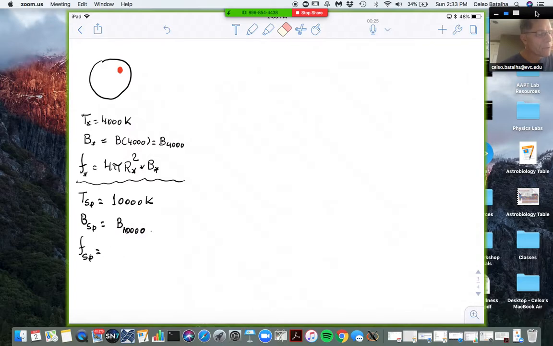The best way to do, and in fact people usually do that as a first approximation, just a rough approach, is to say, okay, this spot has a fraction of the area of the star. So the area of the spot would be a fraction of the area of the star.